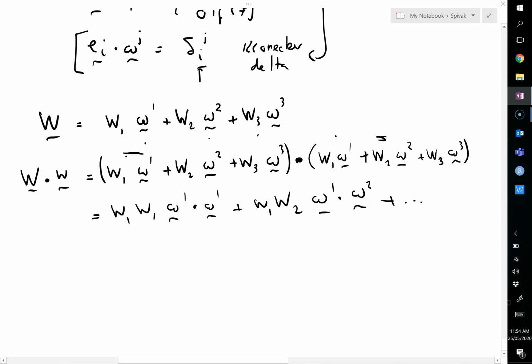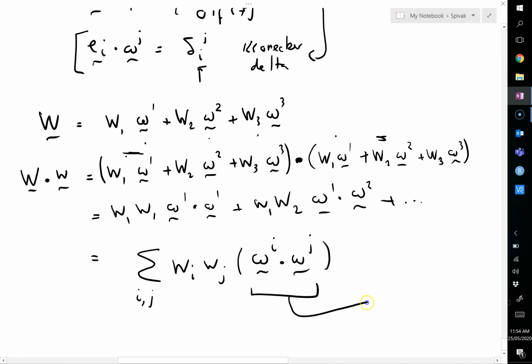And of course I'm going to write it using the summation convention. I'm going to write this as the sum over i and j of w_i w_j times omega^i dot omega^j.